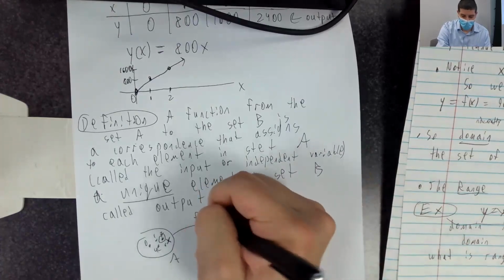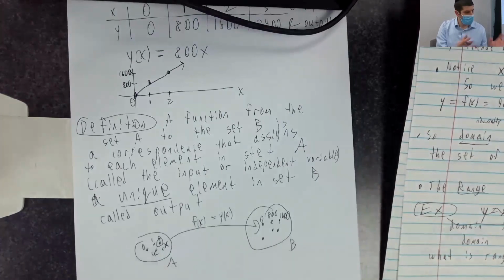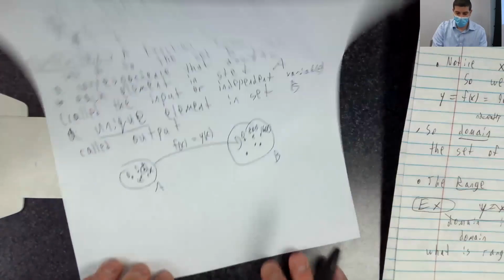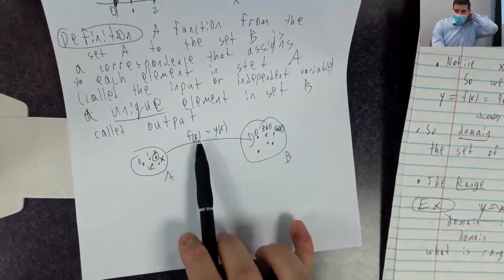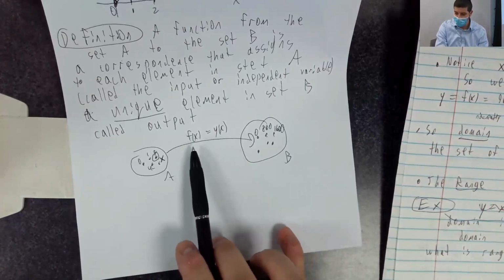So a function, f of x, or if you want to call it y of x, takes an input and spits out exactly one output. Here, the output was revenue for the iPhones. So this is the mathy definition. As long as you understand that we have the x variable, which is independent, that's the input, and then the output, which is f of x.